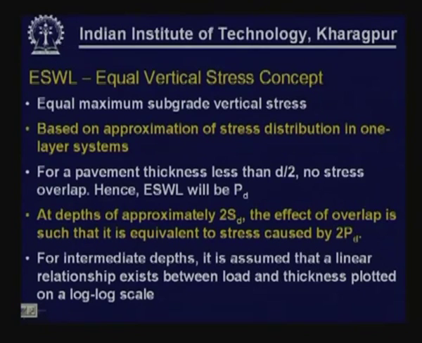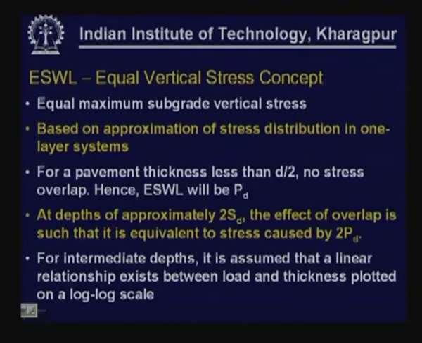If we have a single layer system where there is no pavement, it is only subgrade that we are talking about. Normally such systems are not of much importance to us, but still if we are referring to a single layer system, we are referring to vertical stress at a specified depth. This is based on the approximation of stress distribution in the layer system or single layer system.